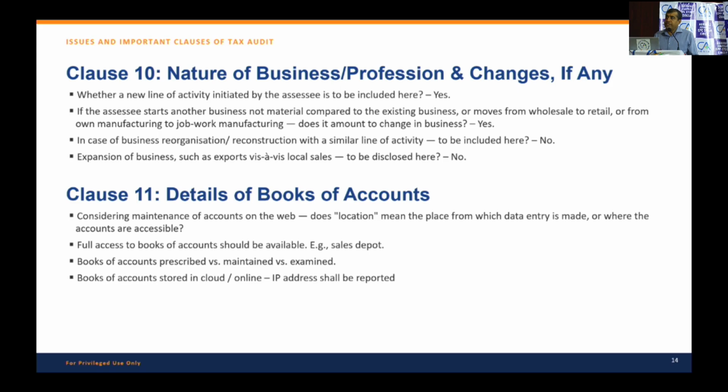Typical problem these days is a lot of books of accounts are maintained online, say Zoho Books or QuickBooks or those kinds of things. So under this paragraph, the address has to be mentioned where those books of accounts are maintained. So in case of an online scenario, which address do you report? Whether the office address?